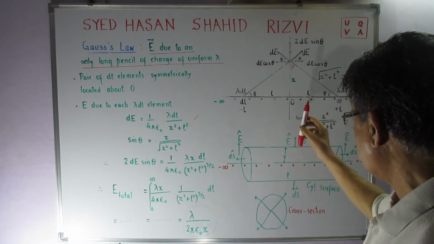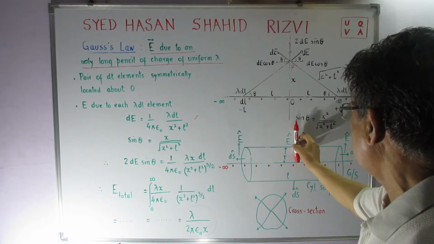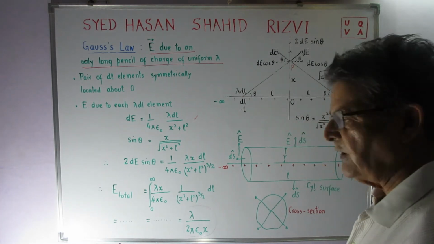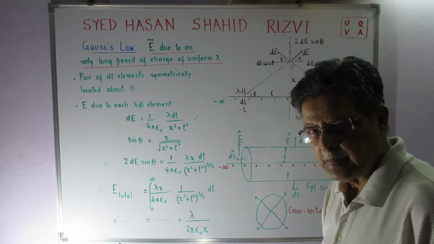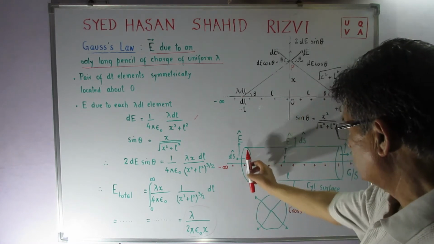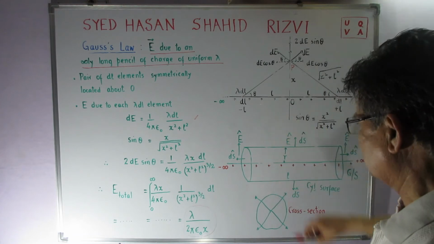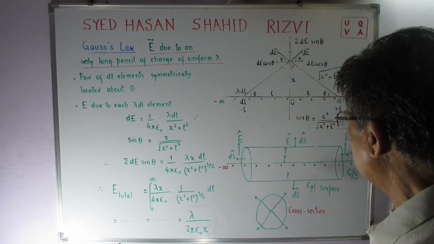So dS and E are both in the same direction, so E dot dS becomes equal to E dS. And let's come to anywhere on this surface. Okay, I'm just taking one point there.